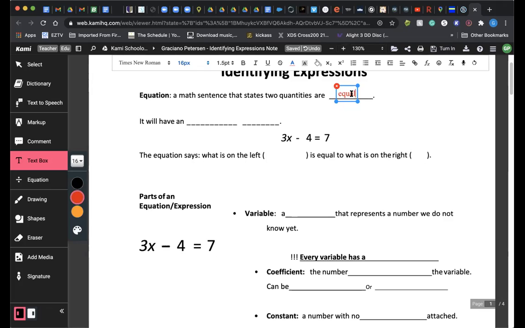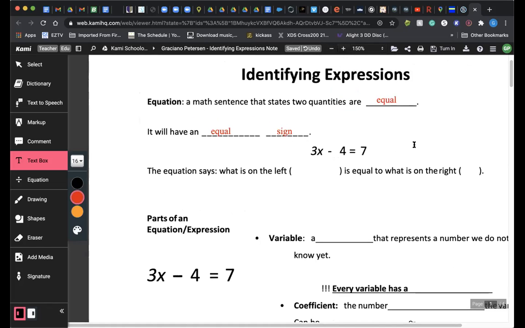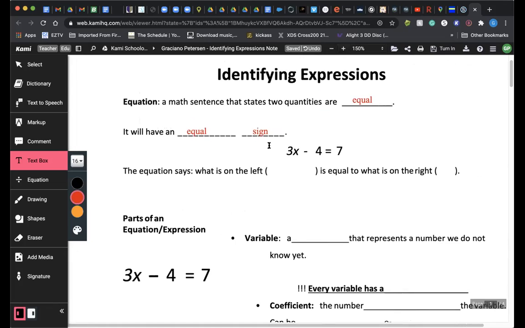Because they are equal. So that means it has to have an equal sign. I can only call something an equation when it has an equal sign. Otherwise, it is not an equation.